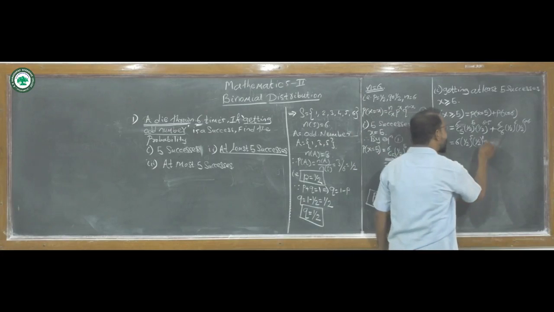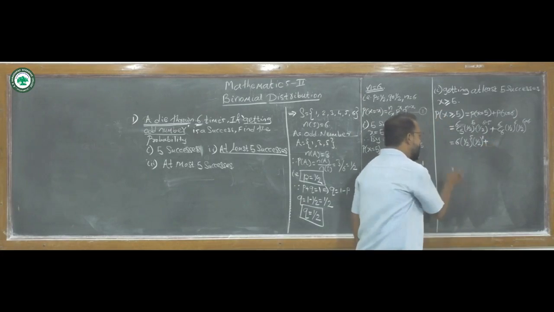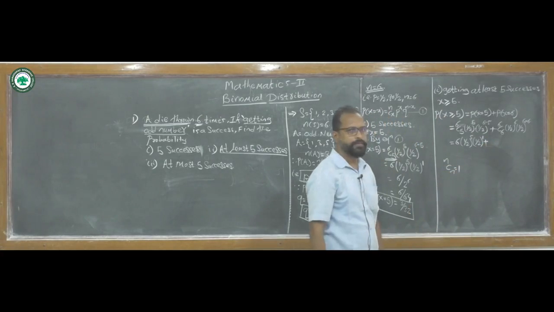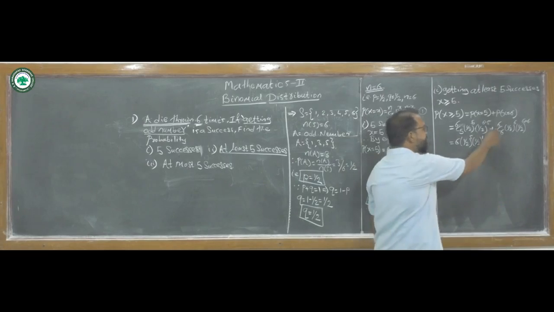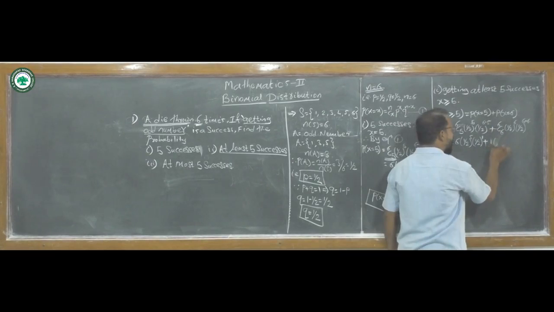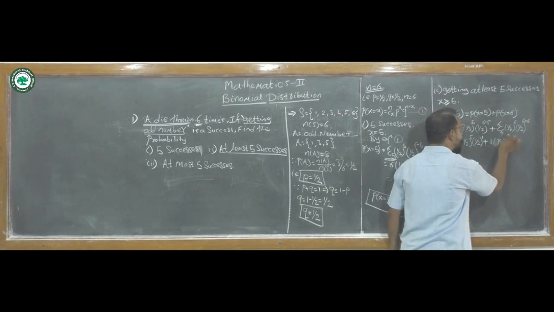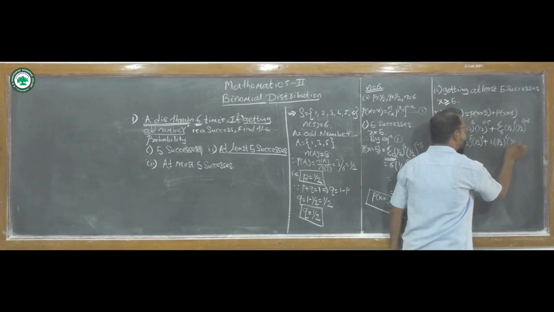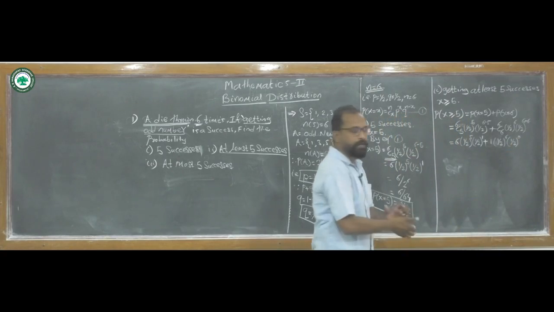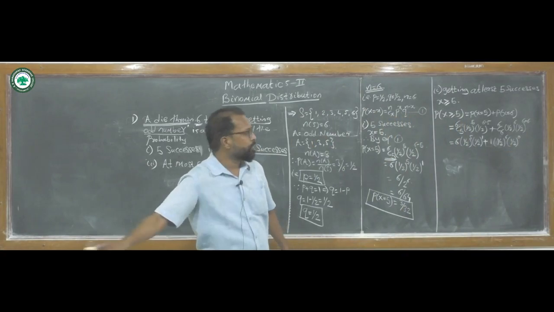Now nCn, we know, is always 1. So here 6C6 means it is 1, into (1/2)^6 into (1/2)^0.